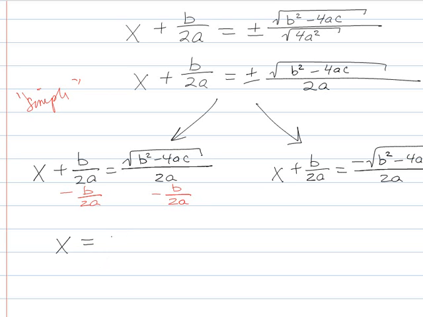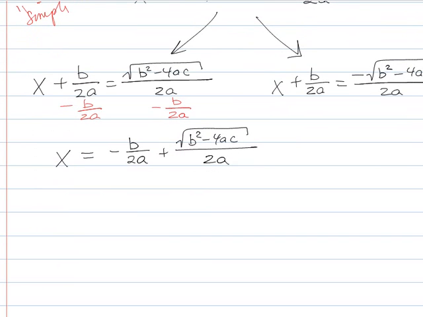So I have minus b over 2a plus the square root of b squared minus 4ac over 2a. Now I have something similar on the right. They actually already have a common denominator, which is kind of nice.